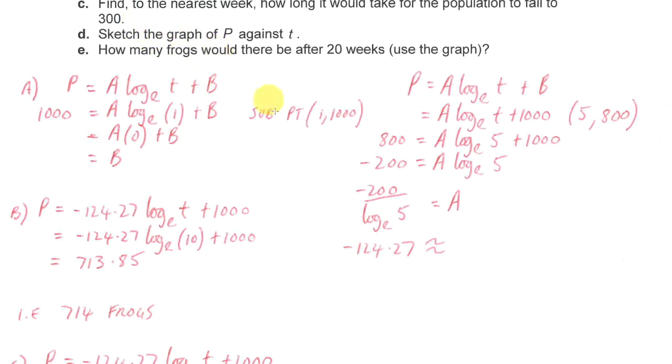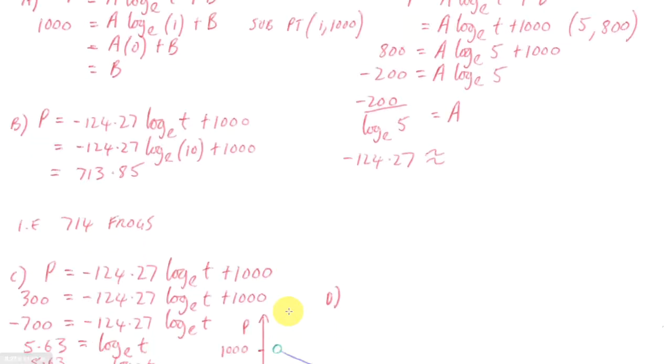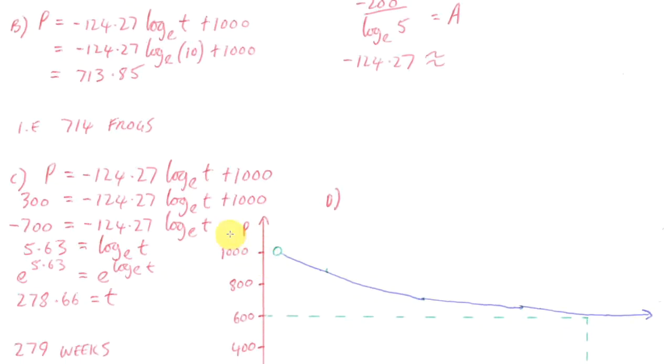C, find to the nearest week how long it would take for the population to fall to 300. So here's my population function, and I've set 300 equaling that. Now in my workings here, I did it all by hand, then just did the arithmetic calculations on my CAS. So you can see I've subtracted 1,000 from both sides. Then I've divided both sides by negative 124.27.